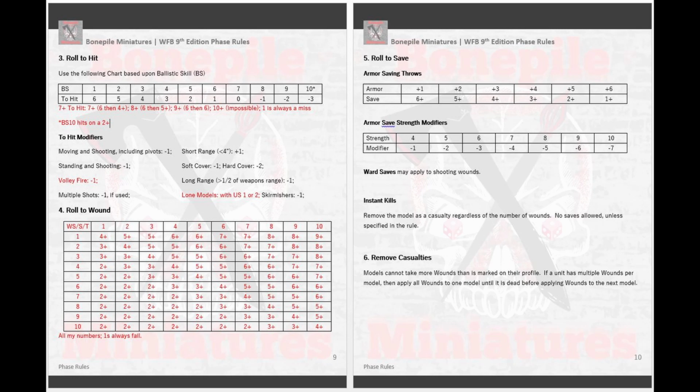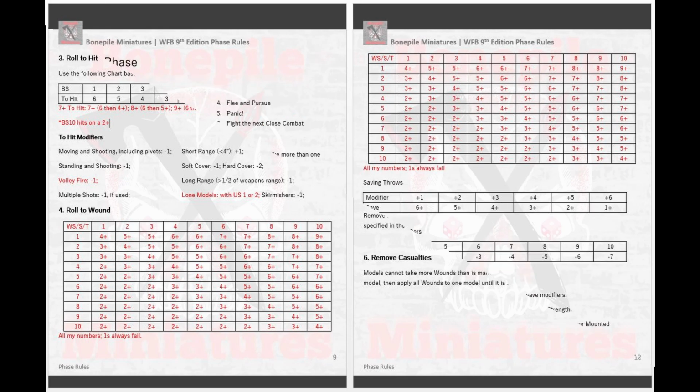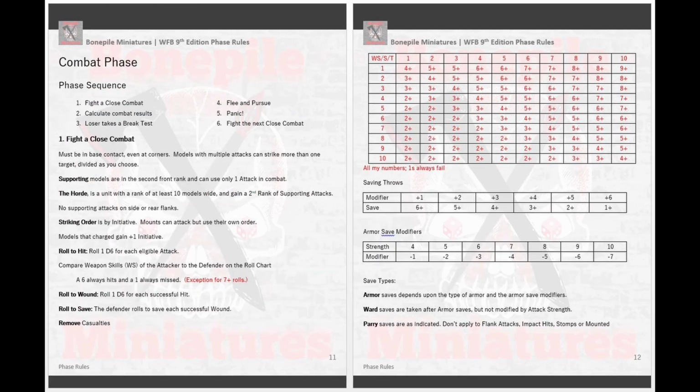So I'm going to skip this chart for now and talk about it in a minute when I get to the combat phase. The next page doesn't have any red with rolls to save and such. So let's go to the next page after that. So as you can see, that ends the shooting phase. And there clearly weren't as many changes on the shooting phase as there were with the magic phase.